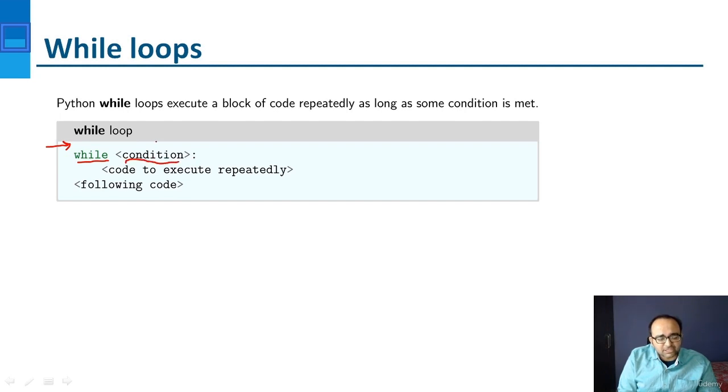If this condition is evaluated to true, then the block of statements will be executed inside this while loop. Suppose if this condition is false, then the block of statements will not be executed. Control is directly transferred outside this while loop.